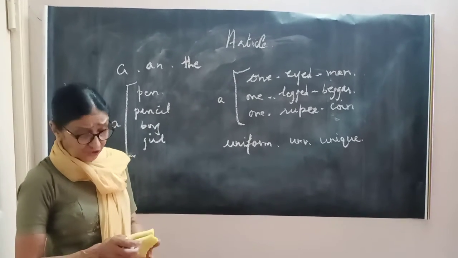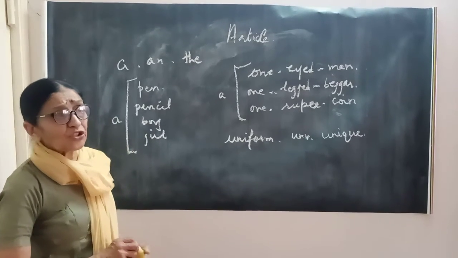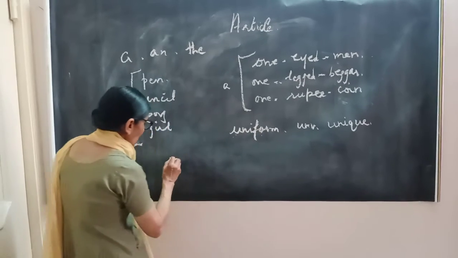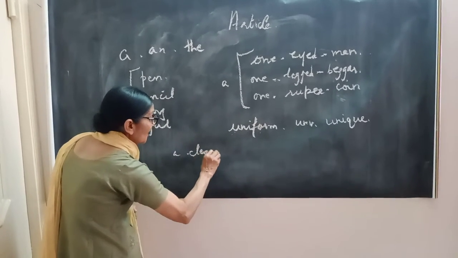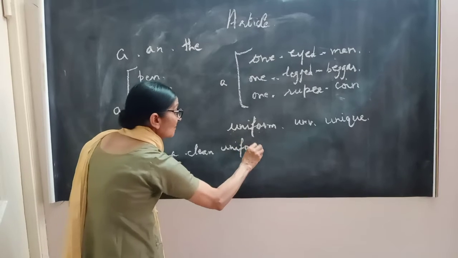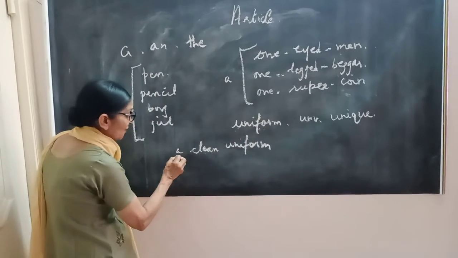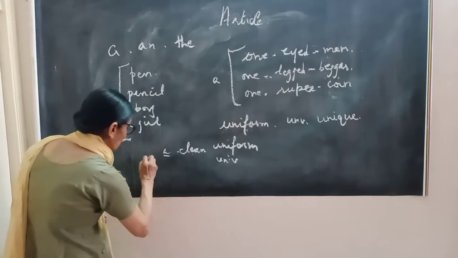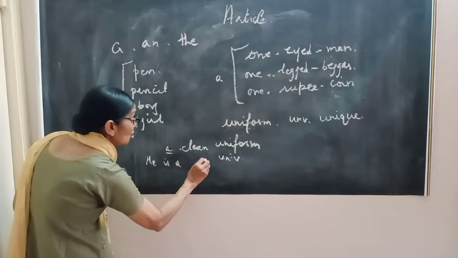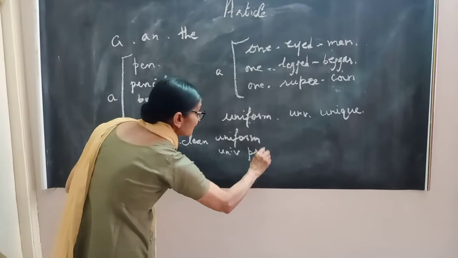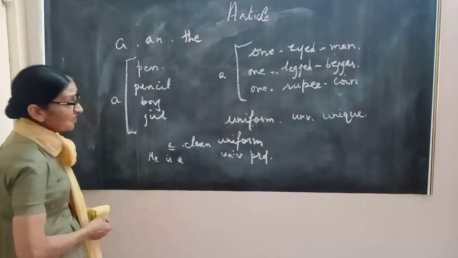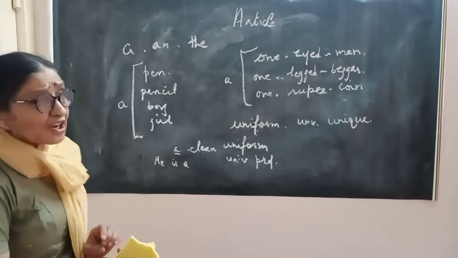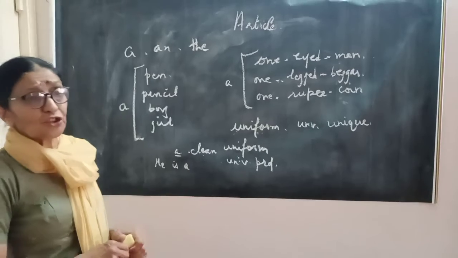There are very few words in which the word starts with U and we put a, not an. But here we are talking just as a clean uniform. It is a uniform, but if it is a clean uniform, we put a. So a university. He is a university professor. Second, it is a unique. Unique means it is starting with U, but we will put a. It is a unique idol. It is a unique thing.